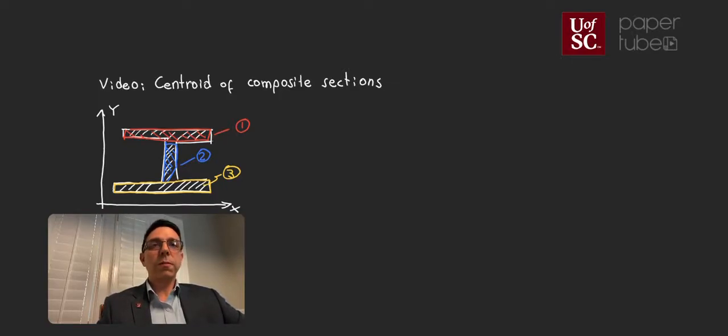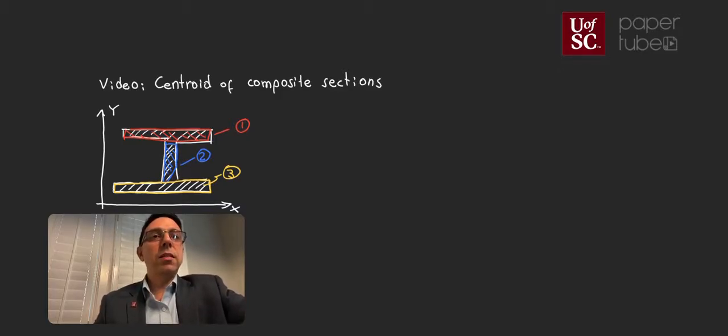What you're going to find are some tables that have some shapes, and they show you where the centroid of those shapes is based on a particular coordinate system. So I'll give you a second, and you can do that.